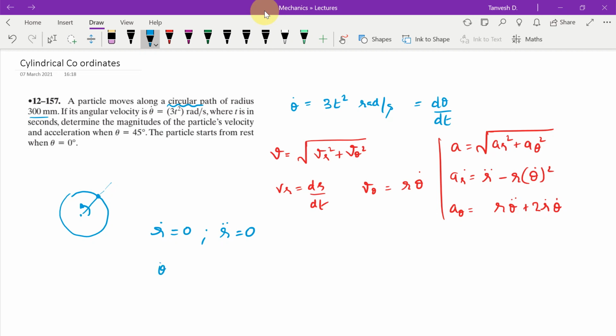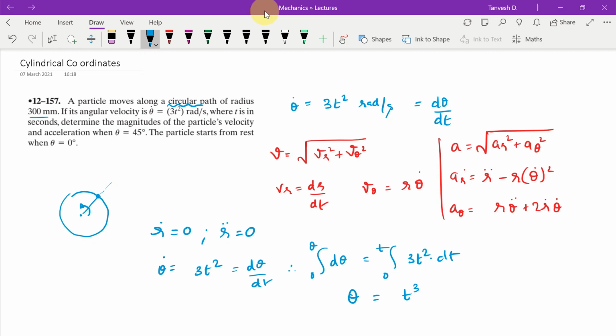Theta dot we have as 3t square, right? Since this is equal to d theta by dt, therefore integration of d theta going from 0 to theta is equal to integration from 0 to t of 3t square dt. So this will give me theta is equal to t cube.